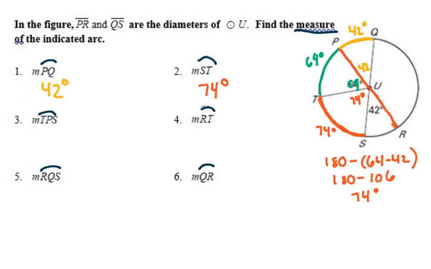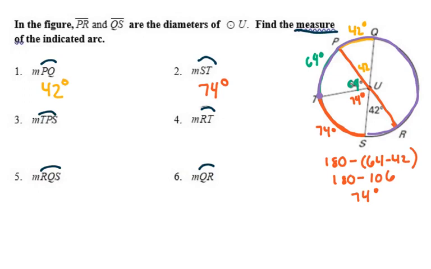Now we're going to really watch our order with this next one. We're looking for the measure of arc TPS. That means I'm going to start at T, go to P first, and then loop all the way around to S. That's a very different arc than going to TSP, so be very cautious there.